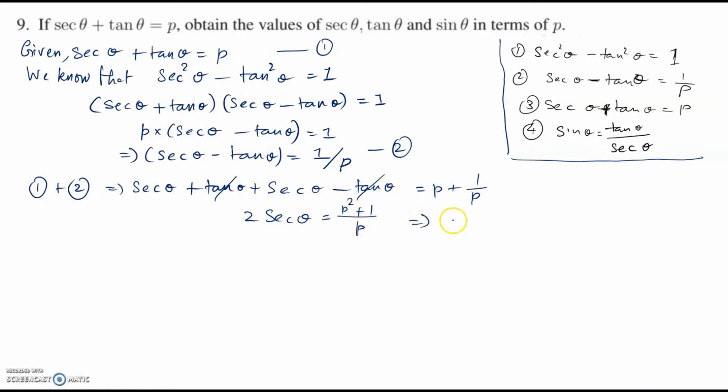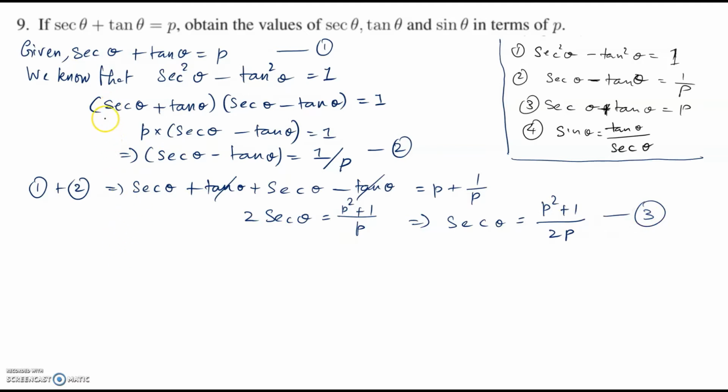So further simplifying, you get secant theta is equal to P squared plus 1 divided by 2P. So now we found the expression of secant theta in terms of P. So we can mark this as our 3.